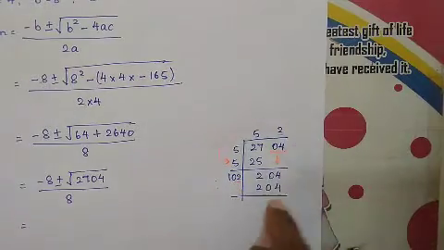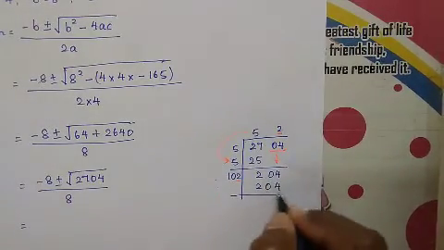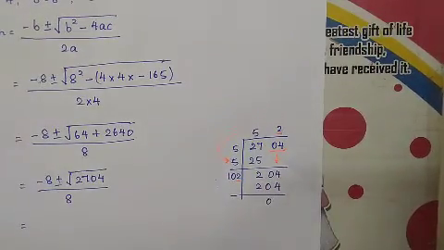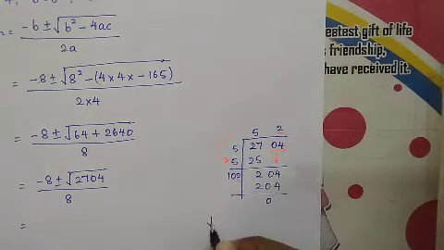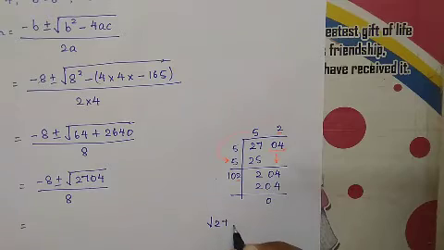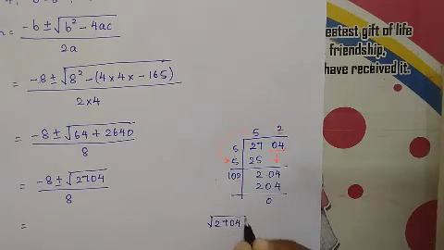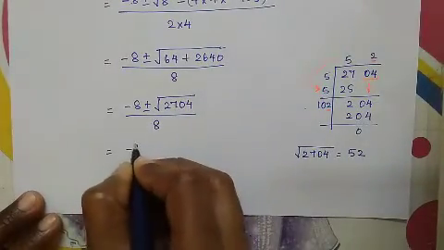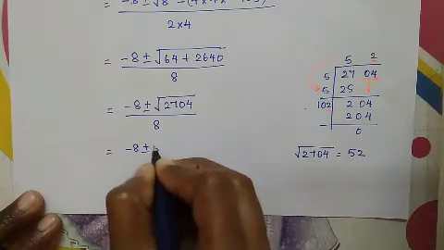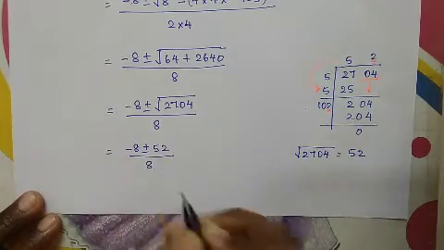So 2 twos are 204. If we subtract, it is going to be 0. The remainder is 0. So from this I can conclude that the square root of 2704 is 52. Now let us take that here: minus 8 plus or minus 52 by 8.